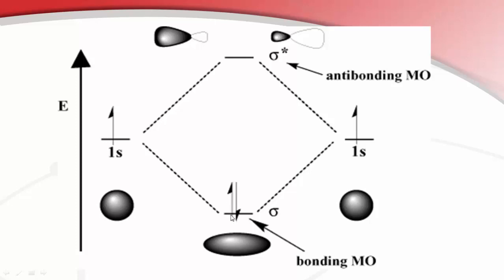We're not going to go into too much detail about the other situation, but if we have more electrons and we don't have enough space for them in our sigma bond, they can actually pair up as well in what we call an antibonding molecular orbital, where these 1s orbitals are out of phase.